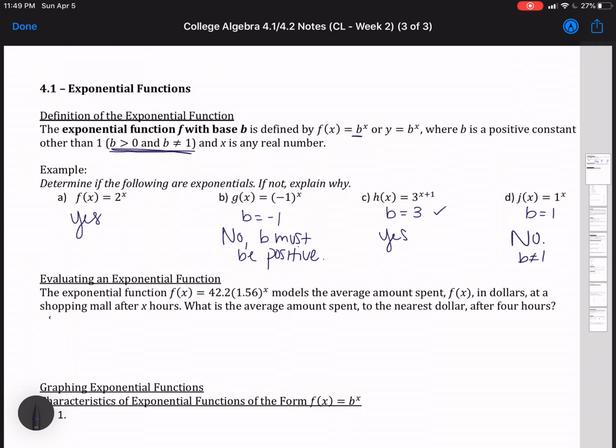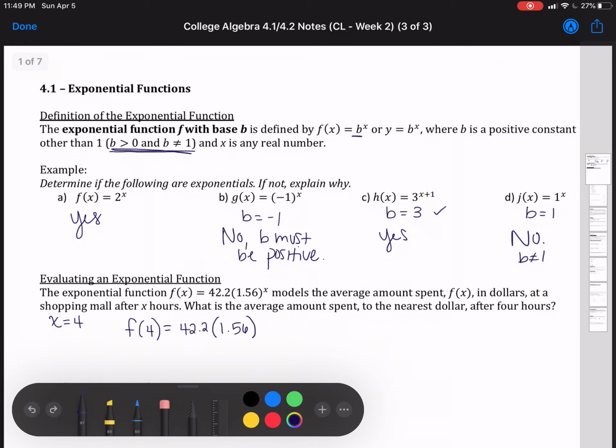So we know x equals 4. If we plug that in, f of 4 equals 42.2 times 1.56 to the 4th power.